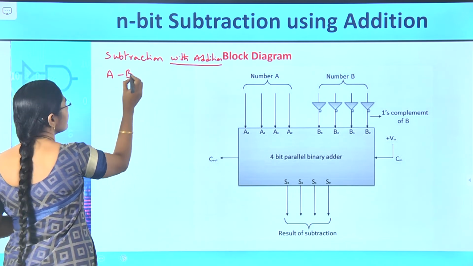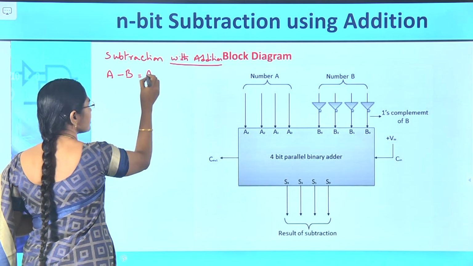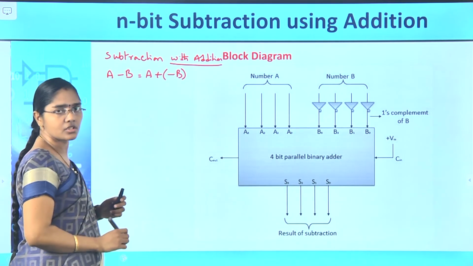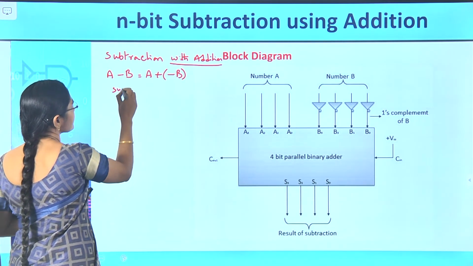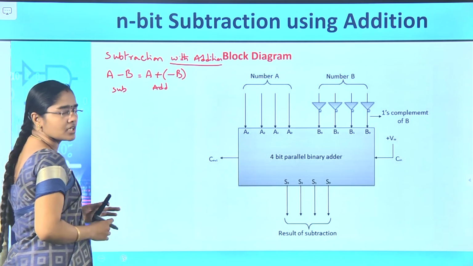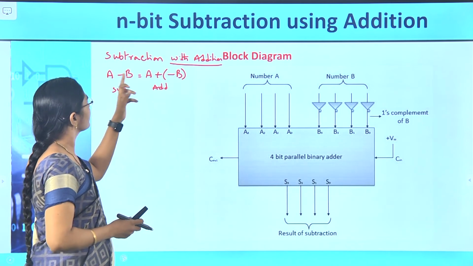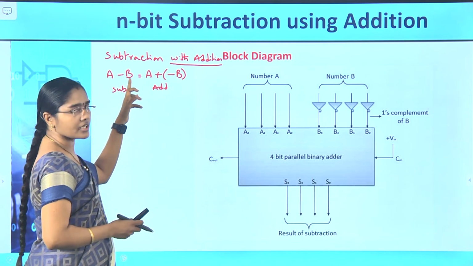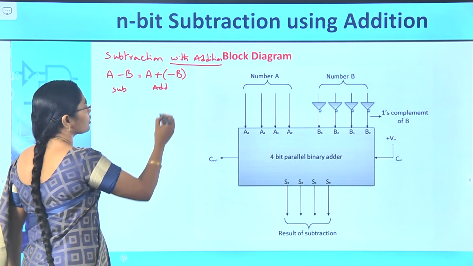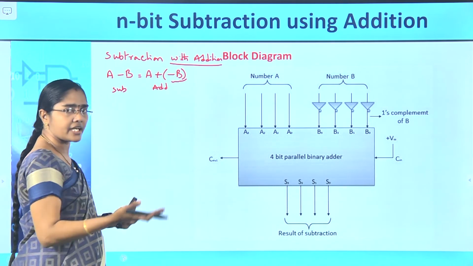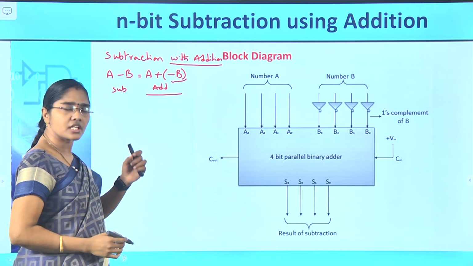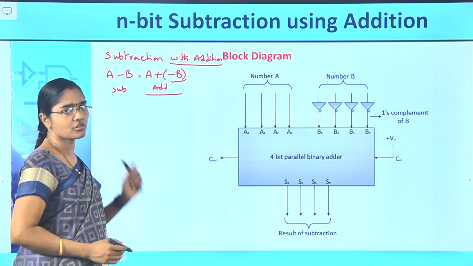This can also be performed as a plus minus b. This is a subtraction operation, a minus b, but a plus (minus b) is an addition operation. What is required here is taking the subtrahend as a negative number and adding it to the minuend part.